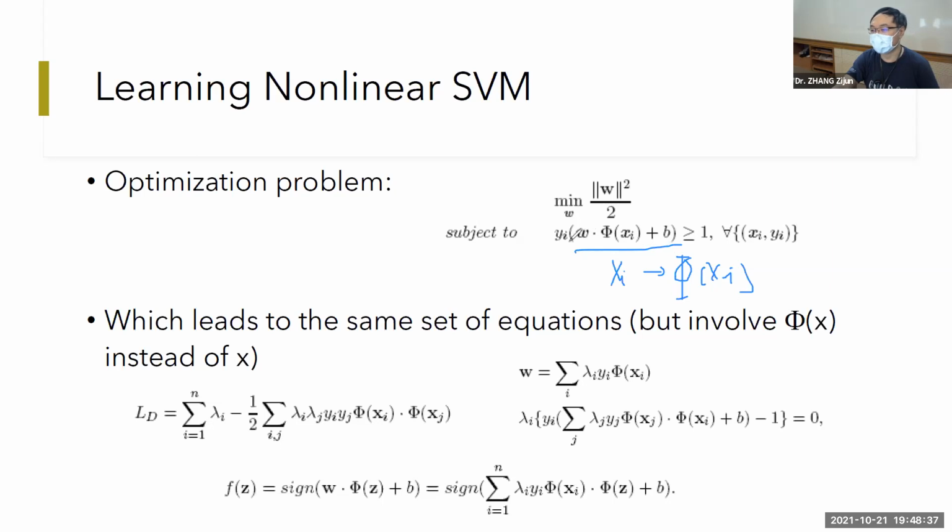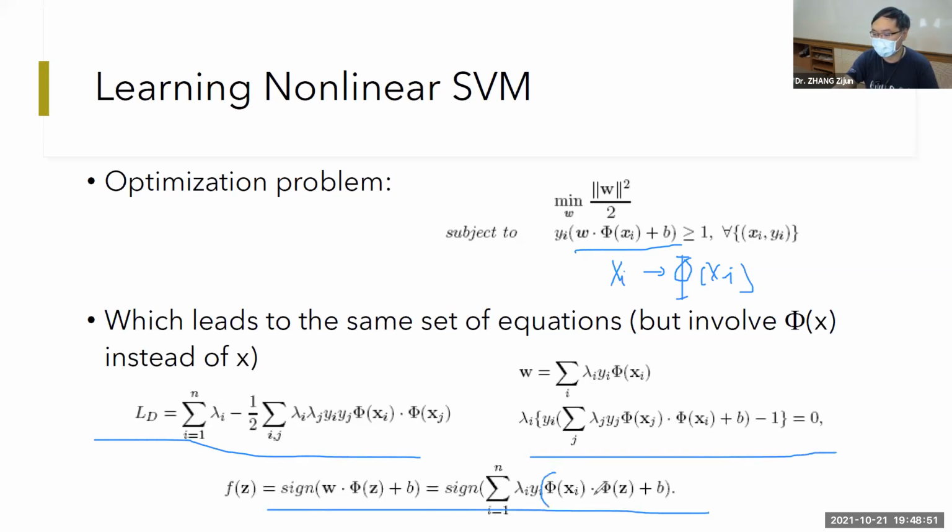You don't need to touch the mathematical proof behind it, but this is the main idea. The loss function has a similar structure, with some changes here. Basically, x will be fed into a kernel to change its value, then we fit a linear SVM.